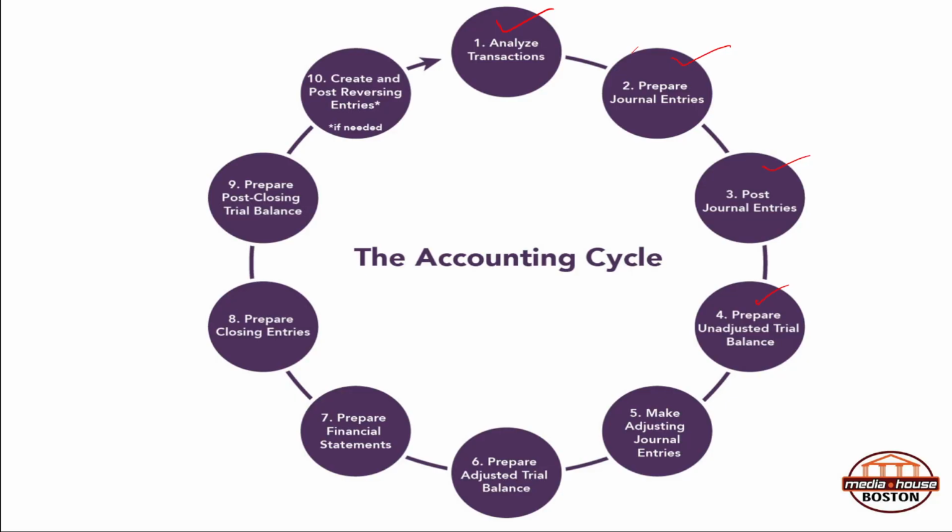The unadjusted trial balance will include all the balances from the accounts that we have created in the general ledger, and then we make adjustment journal entries, which are those transactions that occur on the last date before the publication of financial statements. Once those are adjusted, we can have an adjusted trial balance, which is also called a post trial balance. The trial balance is then used to prepare financial statements.